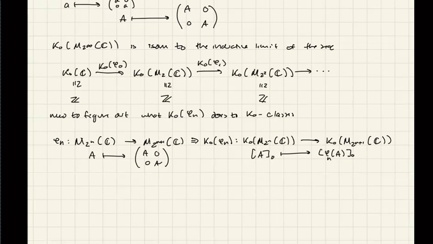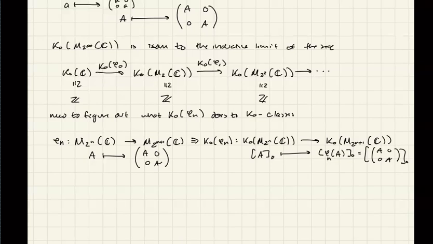What this does is it sends this class to this class here. We are applying this star homomorphism, phi n, to this matrix A, and that is exactly what we had before. I now have a diagonal matrix with A's along the diagonal.